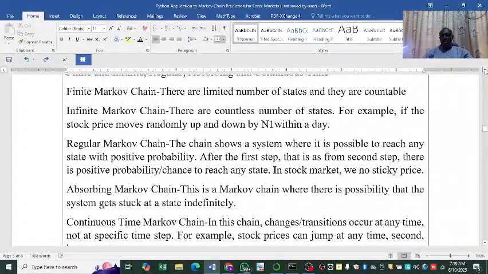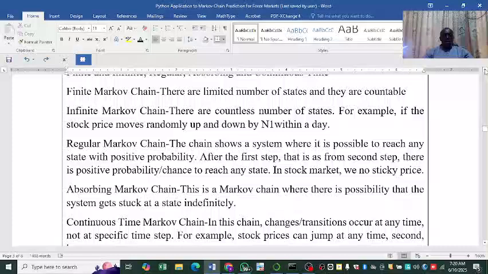In stock market, we say no sticky prices. And what does that mean? It means that there is positive probability of changing from one state to another.